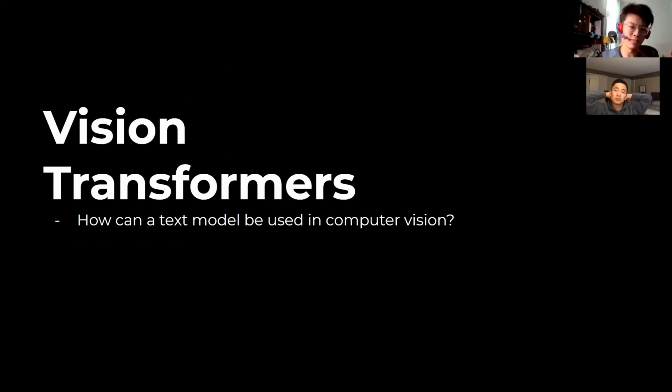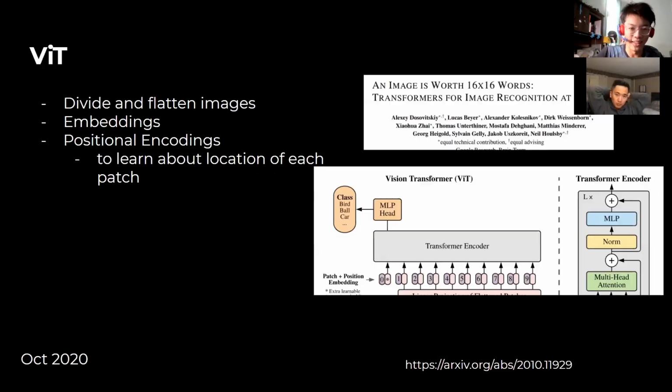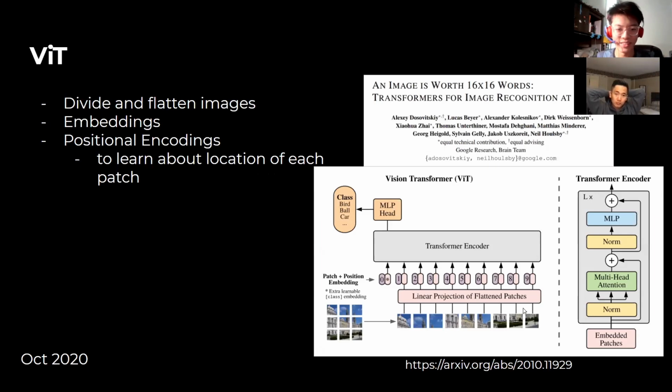But when we think about computer vision, we don't really think of one image as a sequence. So how do people use transformers in a computer vision context? They basically just split the image into patches and then throw them in as a sequence.